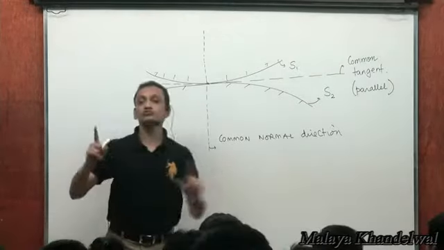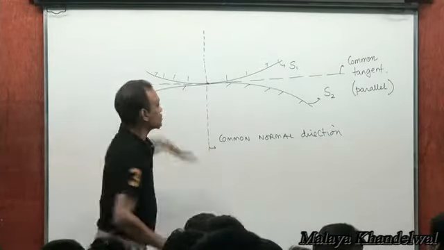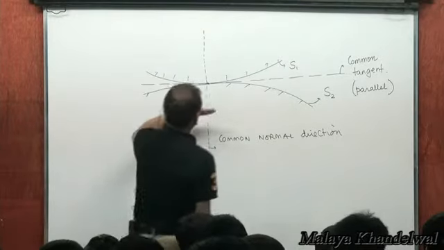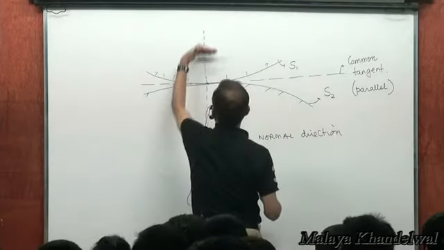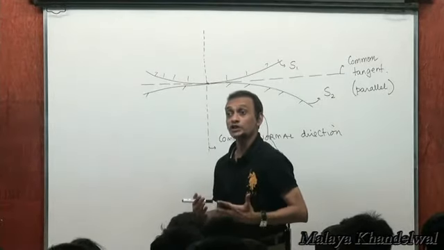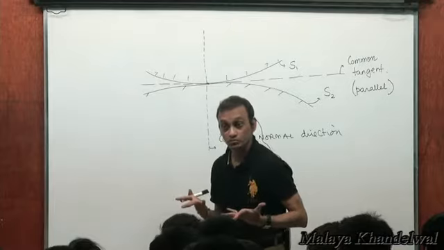These two surfaces could interact with each other both along the parallel direction and along the common normal direction. Along the parallel direction, they would interact courtesy friction. Along the common normal direction, interaction means exerting forces on each other, right?